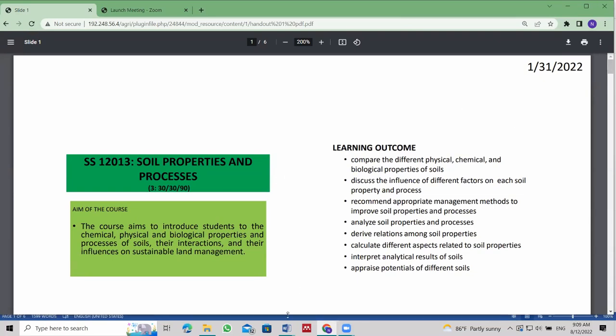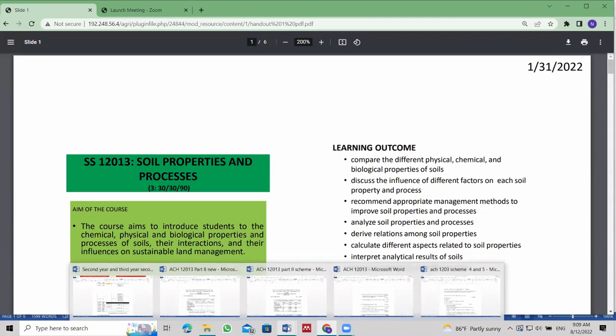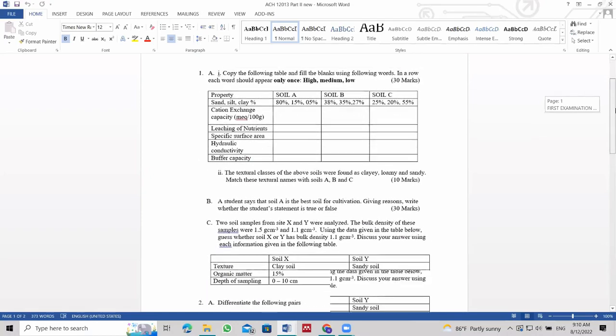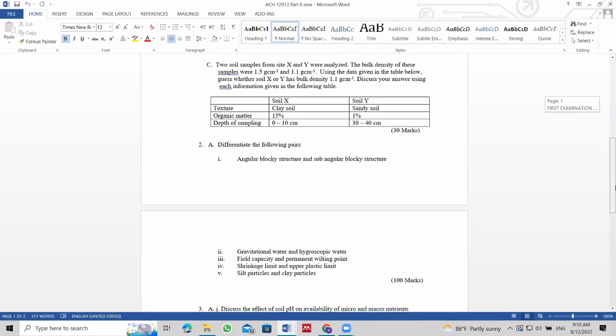I'd like to move on to a past paper, maybe the past paper of your senior batch, but that is somewhat different, because it was held in online mode. So they had only three questions, answer only three questions out of four.